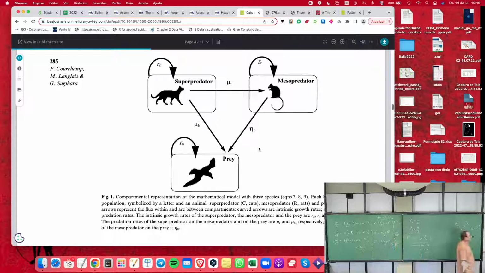But this here calls for caution with conservation management for these islands, because in many places the cats are eliminated. The main conservation measure for the birds is usually elimination of cats, okay?